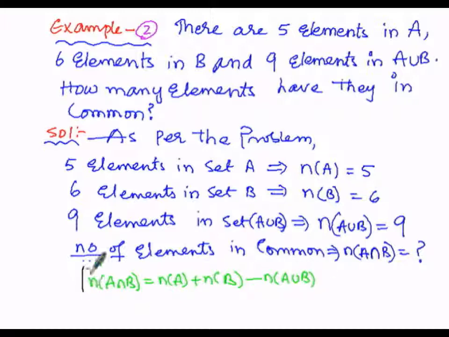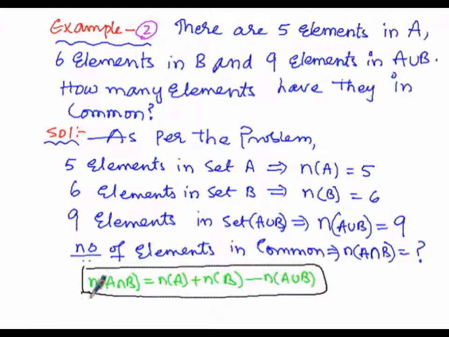Based upon this principle, let us find the value of n(A ∩ B), the number of elements present in set A intersection B. n(A ∩ B) = n(A) + n(B) − n(A ∪ B) = 5 + 6 − 9. First I simplify 5 plus 6, which is 11, minus 9.